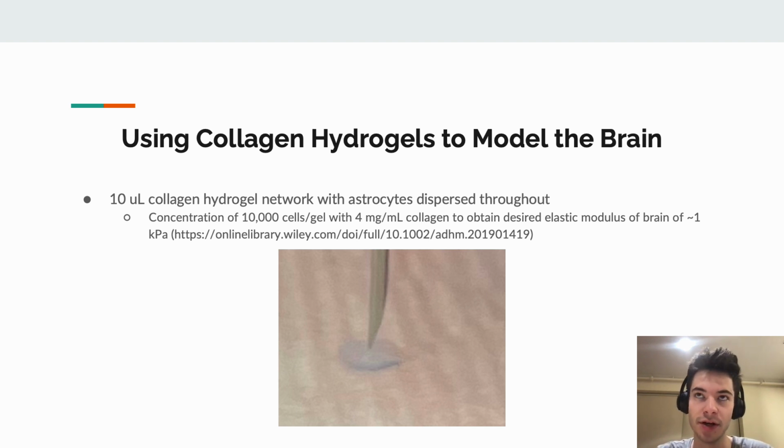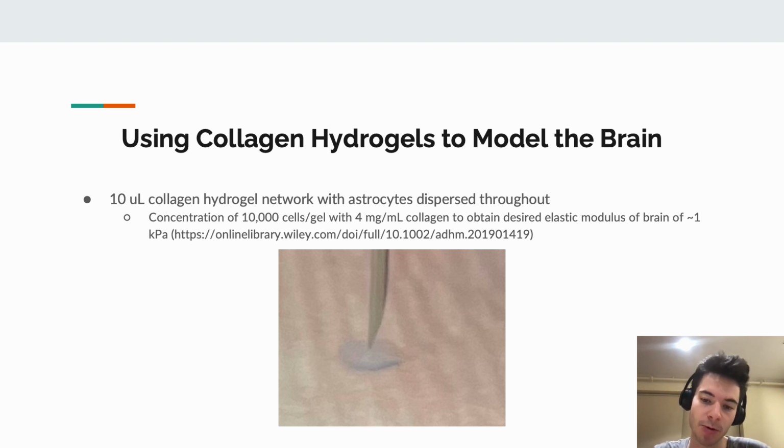Because what we want in our material is that, first off, we want the astrocytes to be in there. We really want just to see that everything is working out. But we also want to mimic that kind of texture and kind of just jiggliness that the brain has, because that's super important in making sure that anything we do is properly replicated.